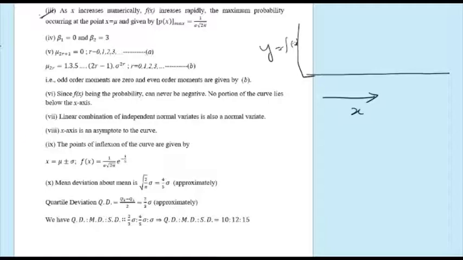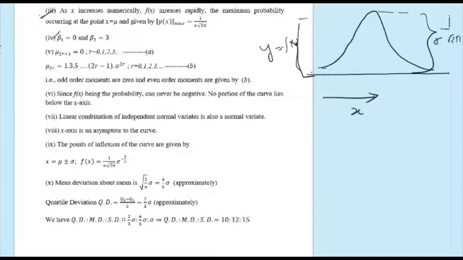So as x increases numerically, f(x) also will increase, and it will attain its maximum point. Again, it will come down to a minimum point. Now, the maximum value of probability at this point is 1 by sigma root over twice pi, which is given by this y-axis.